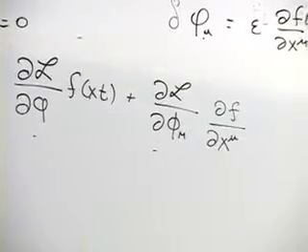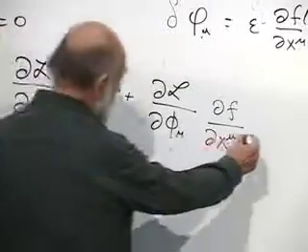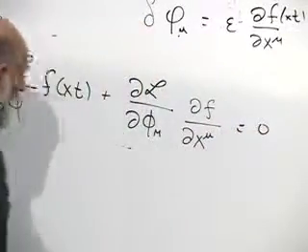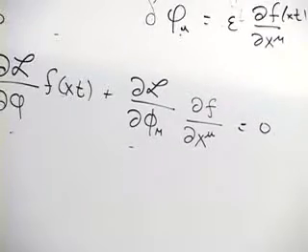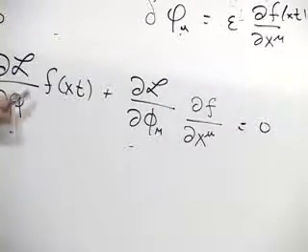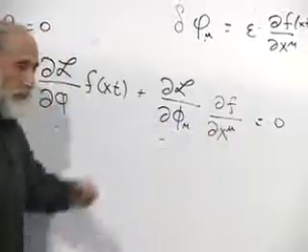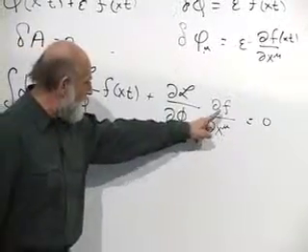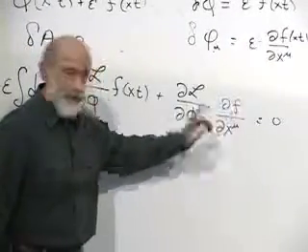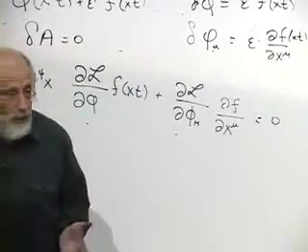What do I want to do? I want to set this equal to 0. That's the condition that the action be stationary. Now, over here I have f of x and t. Here I have the derivatives of f. What do I do to get rid of this derivative on f here? Integrate by parts.